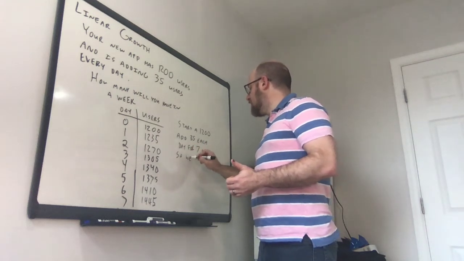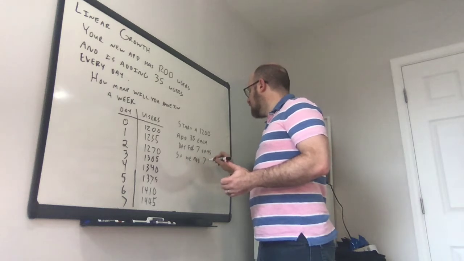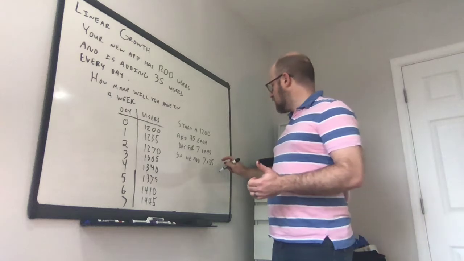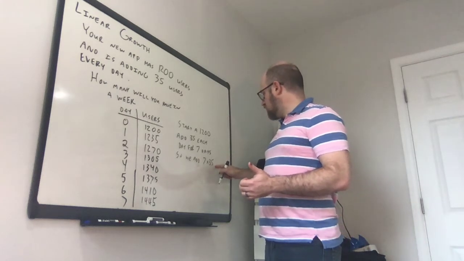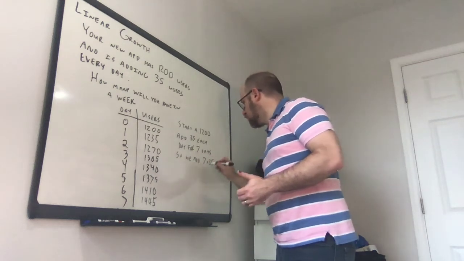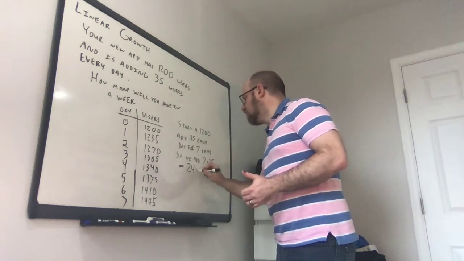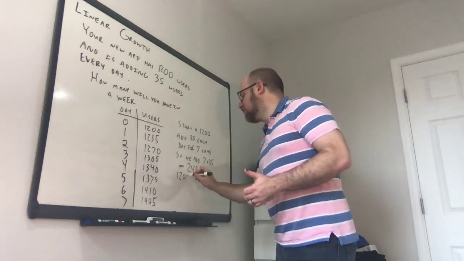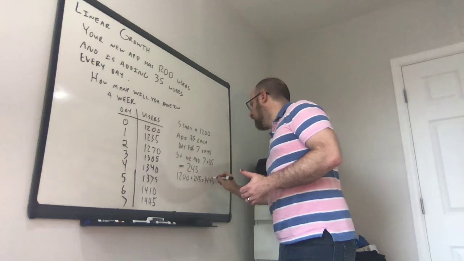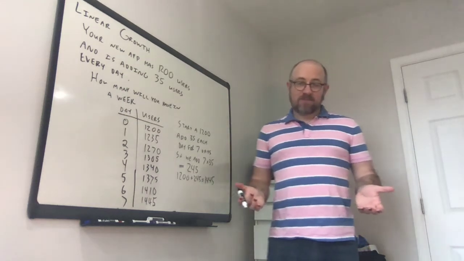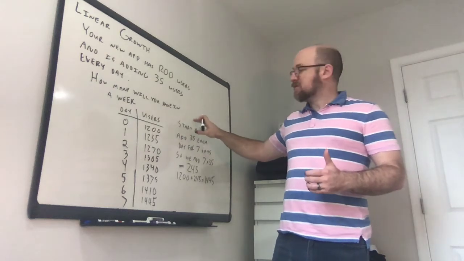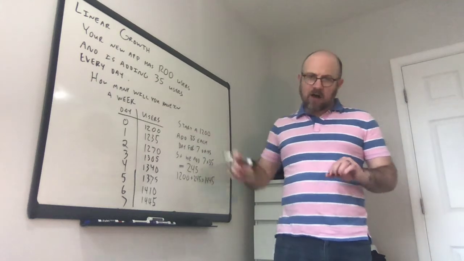So we add 7 times 35, which equals 245. So 1,200 plus 245 equals 1,445. Same answer, okay? So these two different approaches to solving the problem, we're going to talk about both.